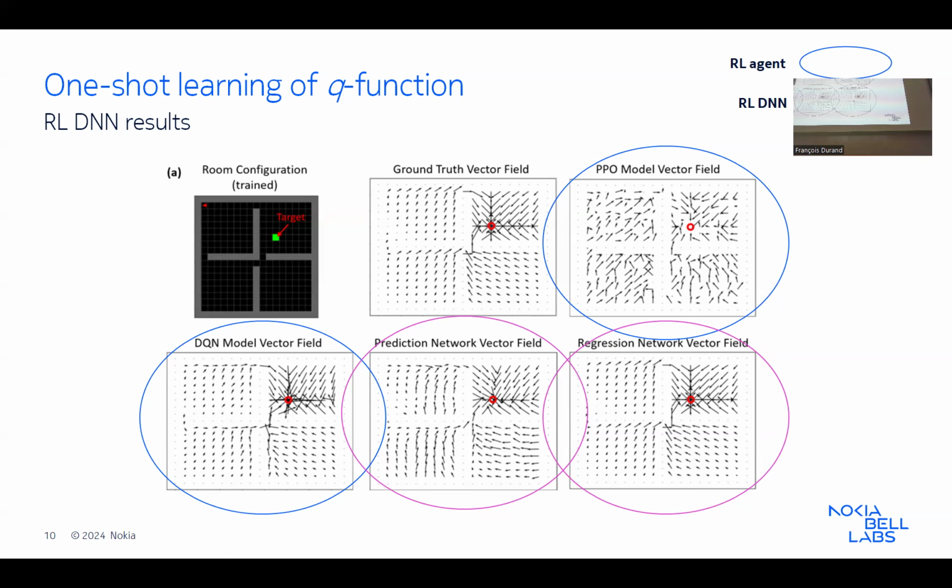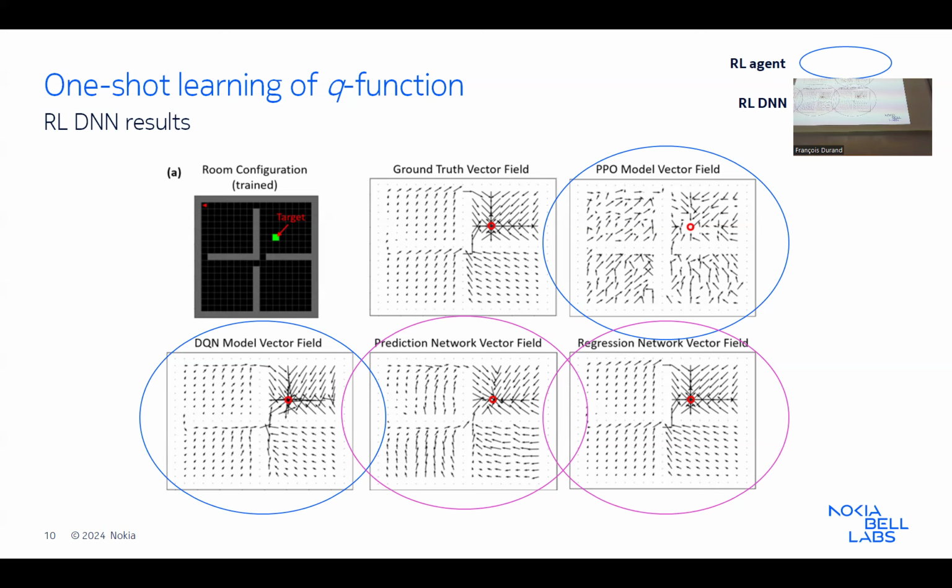Blue here, I'm circling 2 actual RL agents. So these are trained by either the deep Q networks algorithm or the PPO algorithm, 2 very classic RL algorithms. And then here we had the outputs of the deep neural network that was trained for the regression task, where we're directly feeding it Q values, and here we're just feeding it the right action.